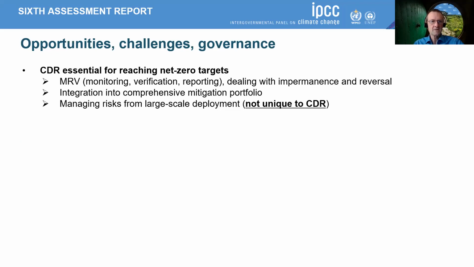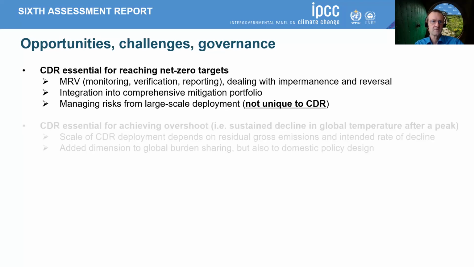So areas where CDR presents unique risks are particularly in the area of transfer of biomass, where one country might be supplying biomass for carbon capture and storage as part of bioenergy, for example, in another country, and the consequences that might have on the sustainability and on food security in that country, which then requires particular governance mechanisms. But by and large, I think risks from CDR are at national and subnational scales, depending on their deployment.